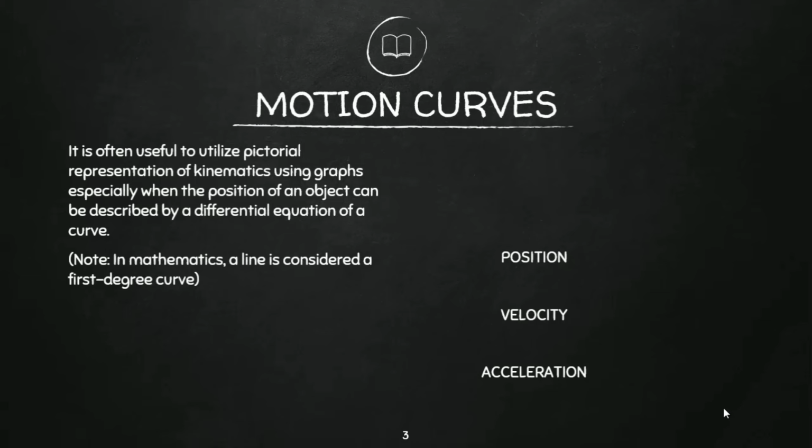If, for example, you have the acceleration differential equation of a curve, or a graph that represents the acceleration of an object with respect to time, and you want to look for the velocity time graph, and from the velocity time graph, you want to look for the position time graph of the object, the process that you will do is what you call your integration.